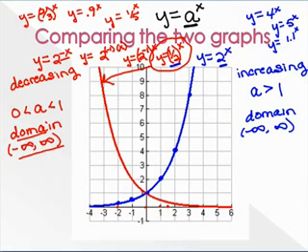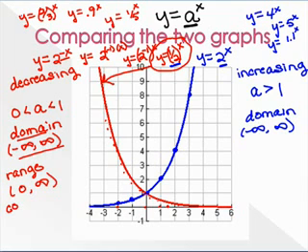So that means our range, let's take a look at the red one then. The only y values you're going to have are positive numbers. All of these points on here, the y value is a positive number. So that means our range is 0 to infinity. But it doesn't include 0, so I don't have a bracket with the 0. Okay?